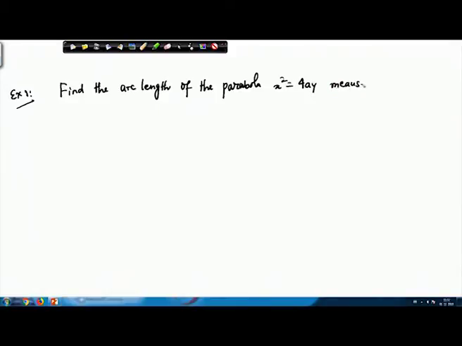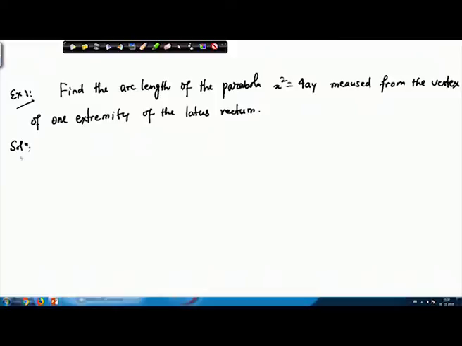Measured from the vertex to one extremity of the latus rectum. All right.